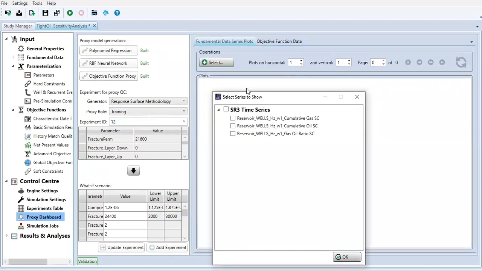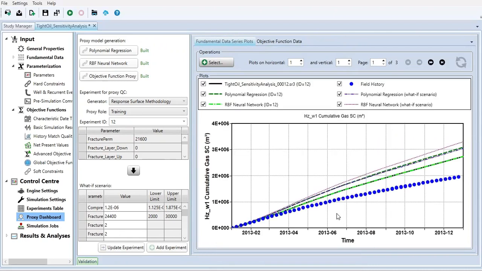This one, open, click on select, and then for the SR3 time series, okay, for each the objective function, cumulative gas, cumulative oil, gas oil ratio. All right, click on OK.